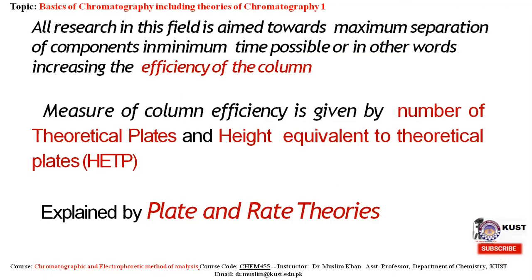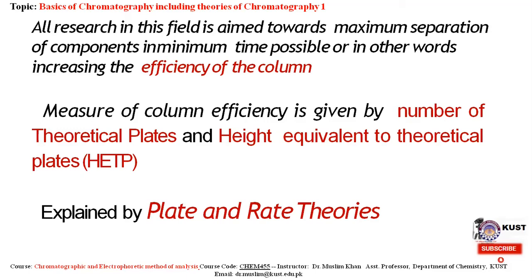Scientists want to separate the maximum number of components with ease in the minimum time possible, because you have to save time for analysis as well. In other words, this means increasing the efficiency of the column.